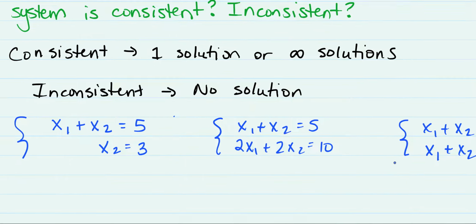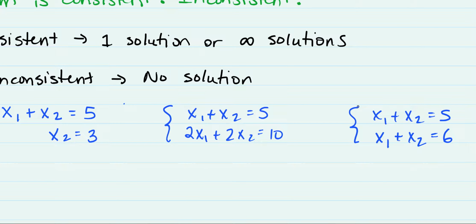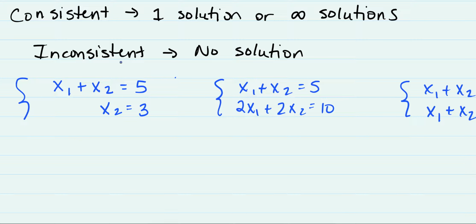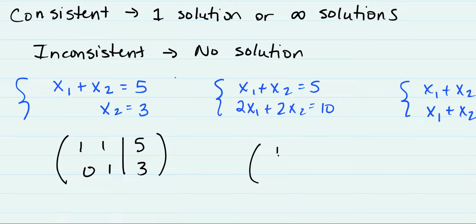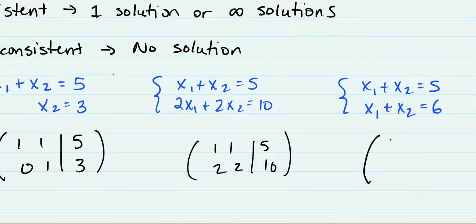Here I've just given you 3 different systems. This one has one solution, this one has infinitely many solutions, and this one has no solution. If I wanted to make the augmented matrix for each one of these, this is what I would get.